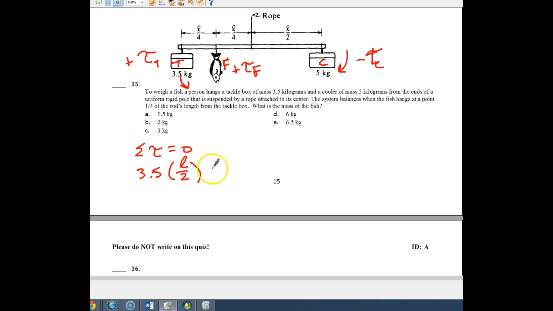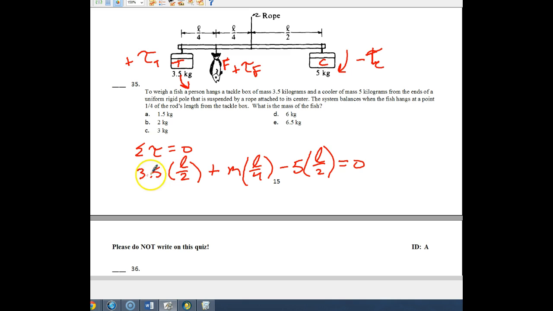To this one, we're going to then add the torque of the fish, or the mass of the fish, and so that would be the mass times L over 4. And then from that we're going to subtract the torque due to the cooler, and so we're just going to use mass instead of weight. Since we have G all the way across, we just get rid of it, and that will be times L over 2, and those would all be equal to 0.